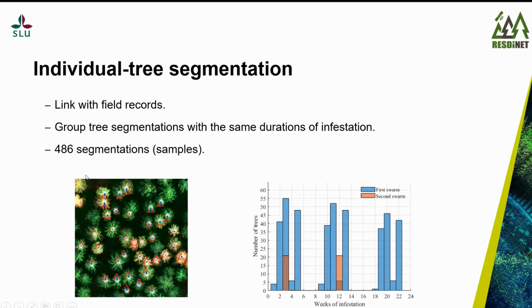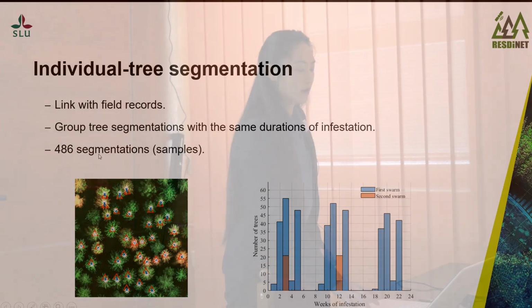Later we link the trees with field records, and we group the tree segments with the same duration of infestation. Using this method, in the end, we have more than 400 segments. This is more than the 200 trees that we're monitoring, because of the revisiting by the drones.